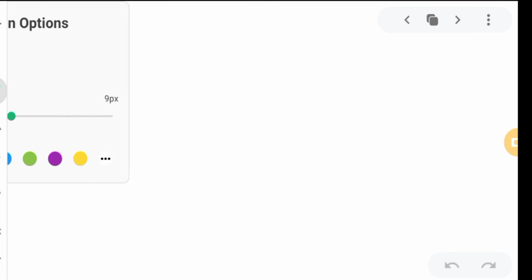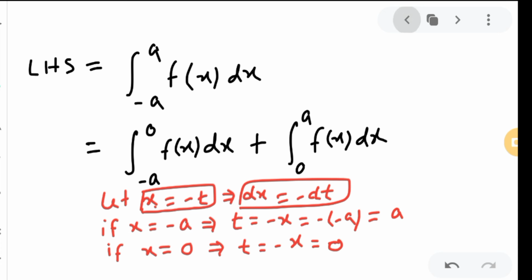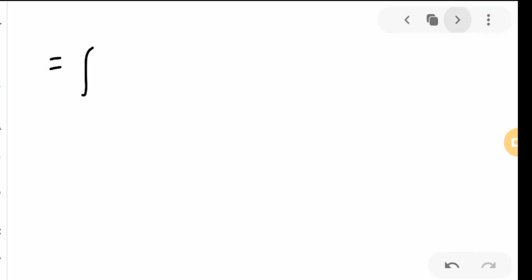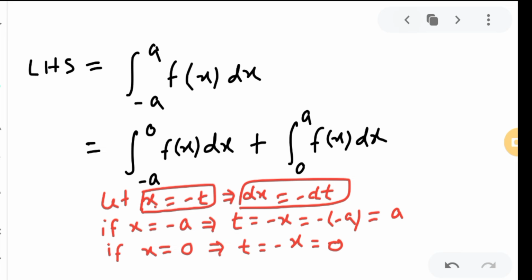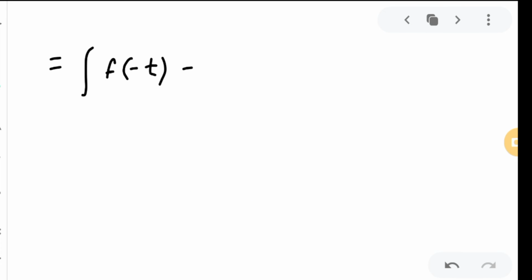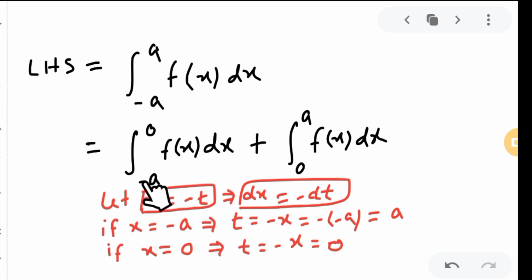So I am converting this as f of x, so f of minus t, correct, and dx as minus dt, so I am writing in brackets, correct. And for the lower limit, when x was minus a, then t was a.